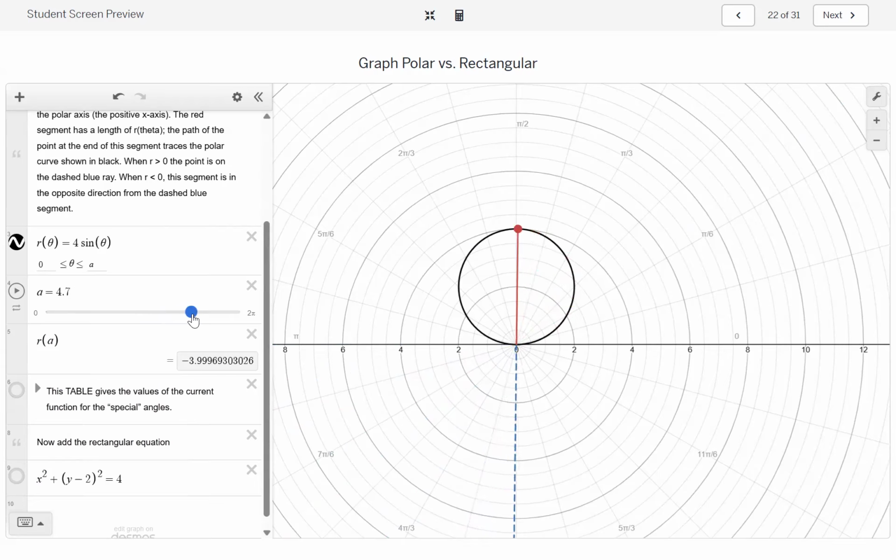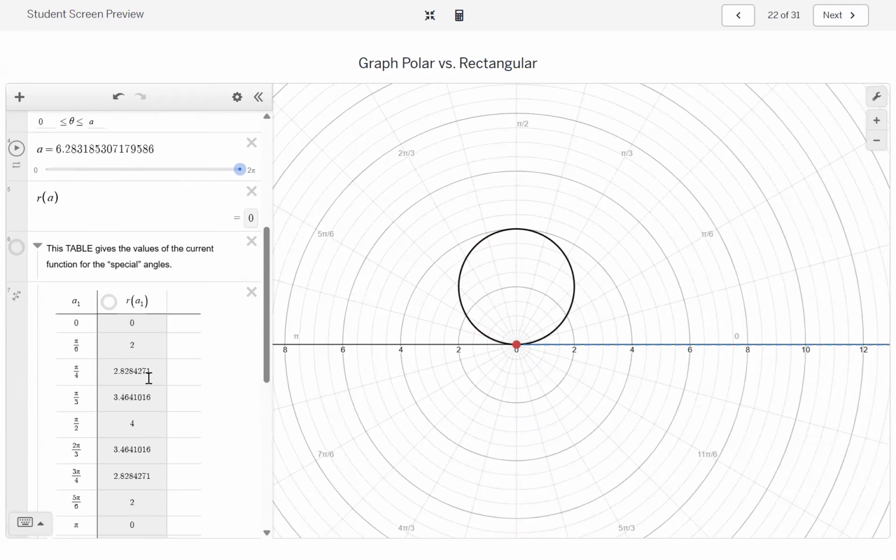And eventually I get around here, around 4.7, is where it's positive 3 pi over 2, but the radius is negative 4. So that's why we're at the top of the circle again. And then it continues until it gets to 0 again.